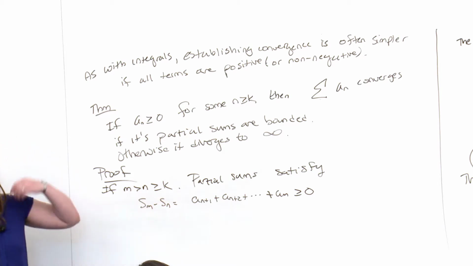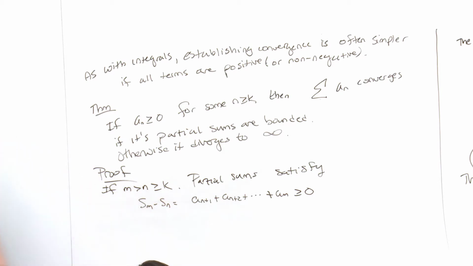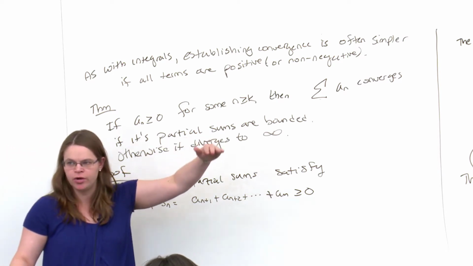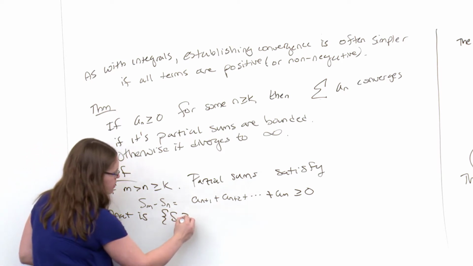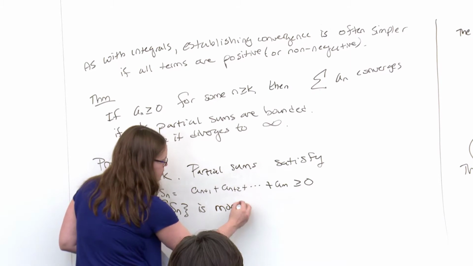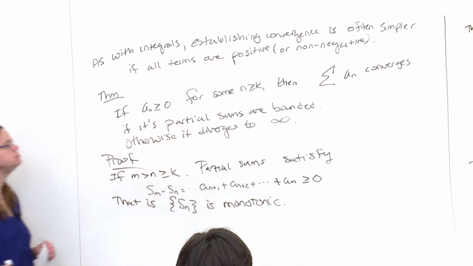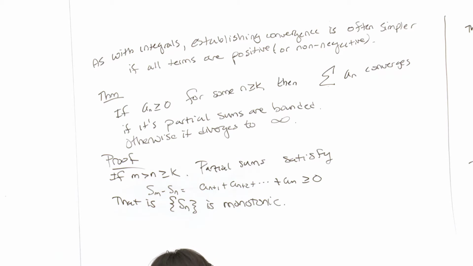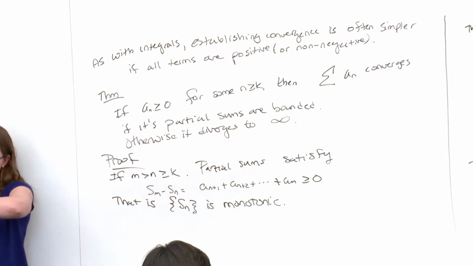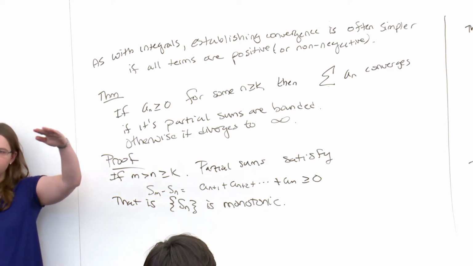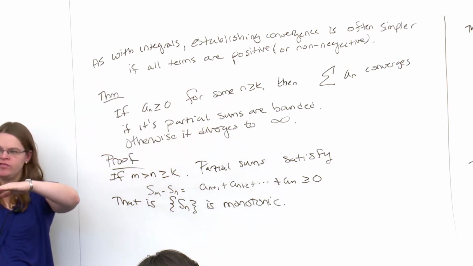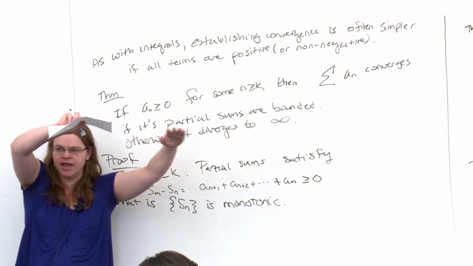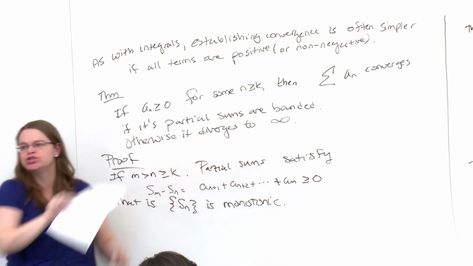That's nothing but saying these partial sums form a monotonic sequence, right? As you go along the sequence, the terms in the sequence grow. So S_n is monotonic. And we know that for monotonic sequences, where the terms are always increasing, one of two things can happen: either they keep increasing up to infinity, or if it's bounded, eventually they're going to run into this bound and they can't increase anymore, and then they're going to converge to their supremum.